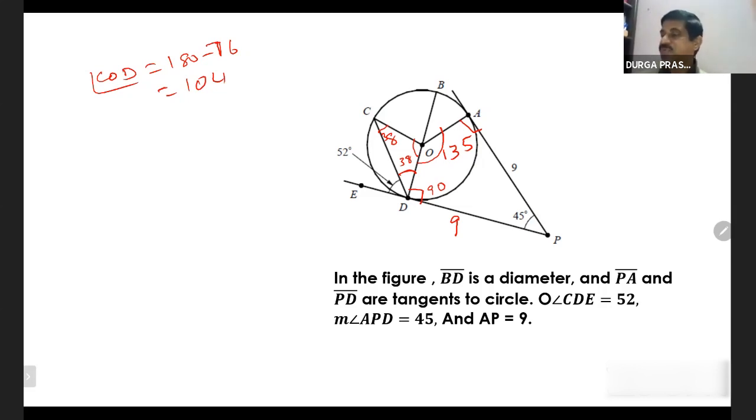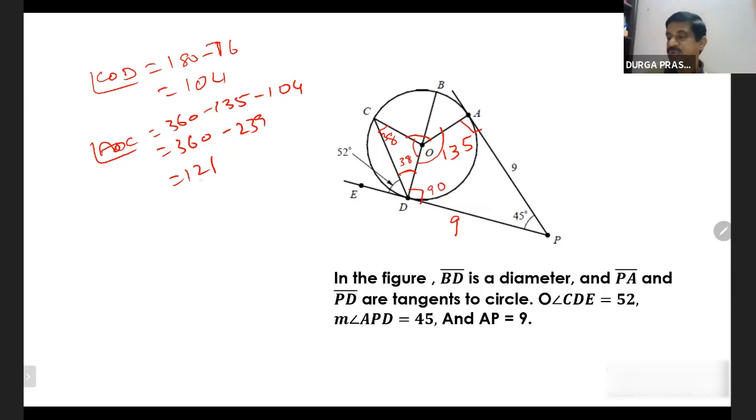So now let us see what he asked. So this angle is what? It is 360 minus angle AOC. Angle AOC is 360 minus 135 minus 76.